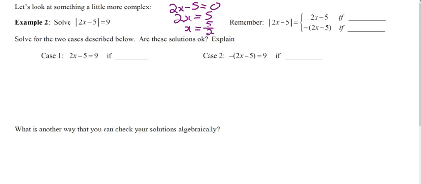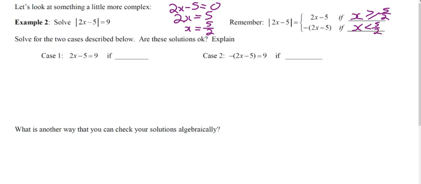Any number bigger than 5/2 is going to make this positive, right? So 2x minus 5 will in fact be 2x minus 5 if x is greater than or equal to 5/2. All right, and we always throw the 0 in with the positive part. If x is less than 5/2, then we have to take its negative.